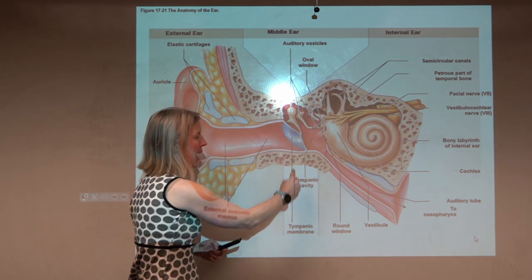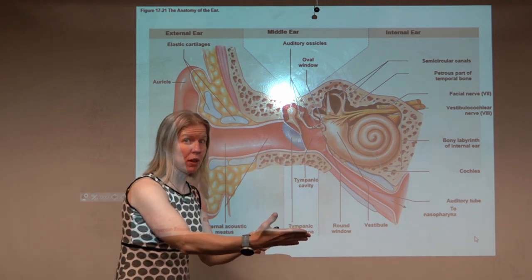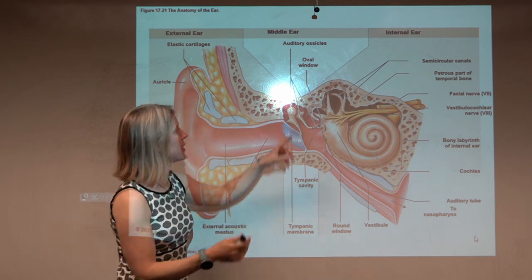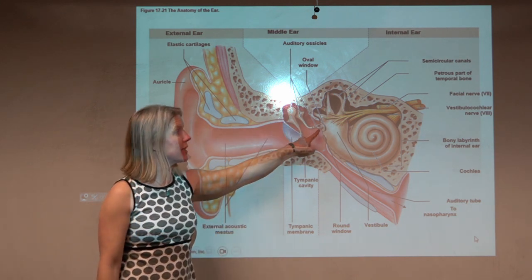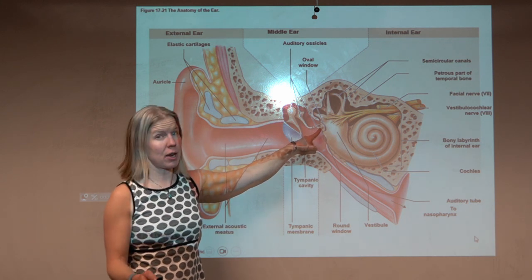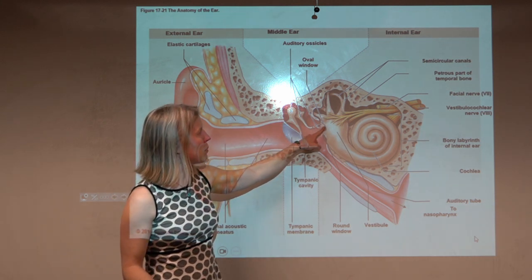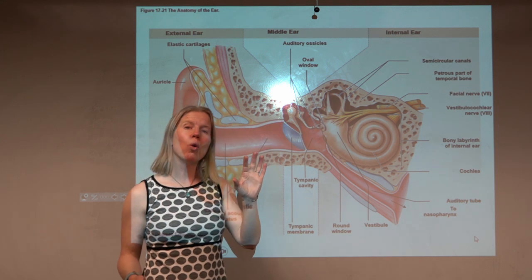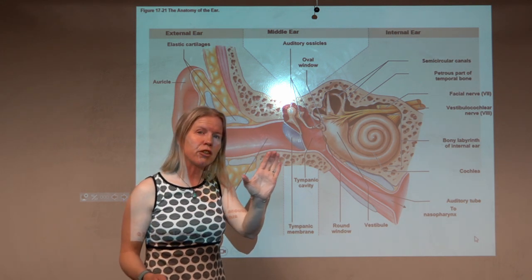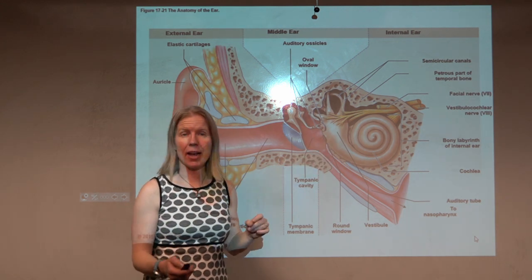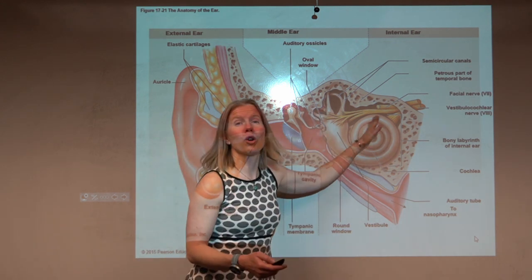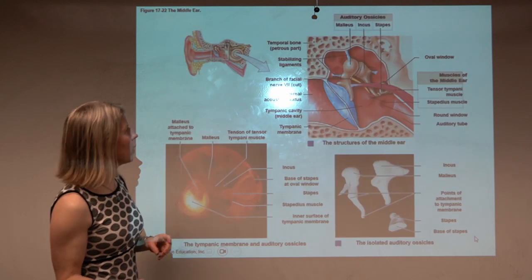So if this is the tympanic membrane, the drum, then the mallet is hitting the drum. Actually, the drum is hitting the mallet. But malleus, incus, and stapes looks like a little staple. At the stapes, we have this area called the oval window, where the stapes is able to move the fluid inside of this vestibule, which then pushes the fluids throughout the cochlea.